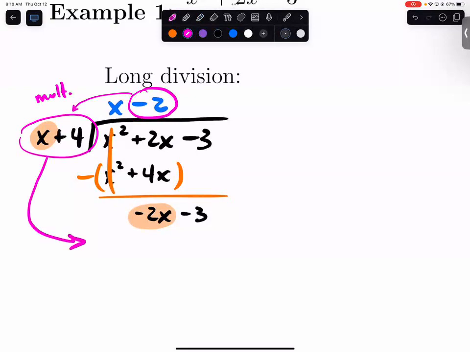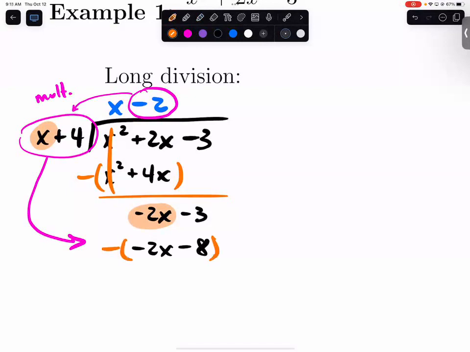And then we're going to do all the same stuff over, right? Take just that most recent part of the quotient, that last term I picked up, multiply by the divisor, bring all that down. So that would be negative 2x minus 8.